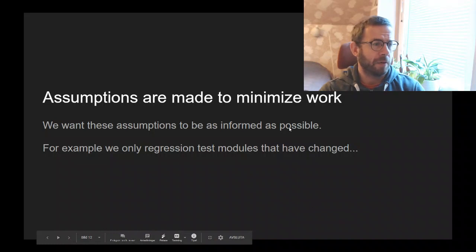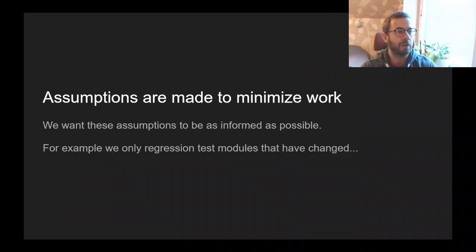Okay, but in order to test things, and we can't test everything, we need to reduce the work. We cannot test everything, so we need to make some kind of assumptions. So we make these assumptions to minimize work, and we want these assumptions to be as informed as possible.